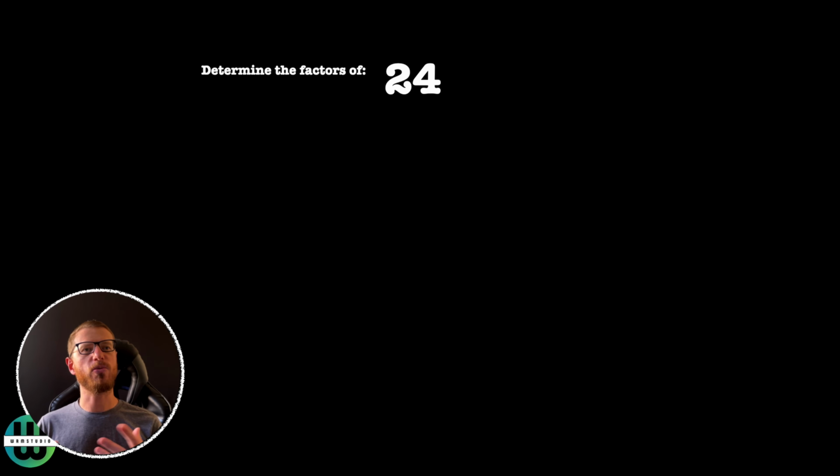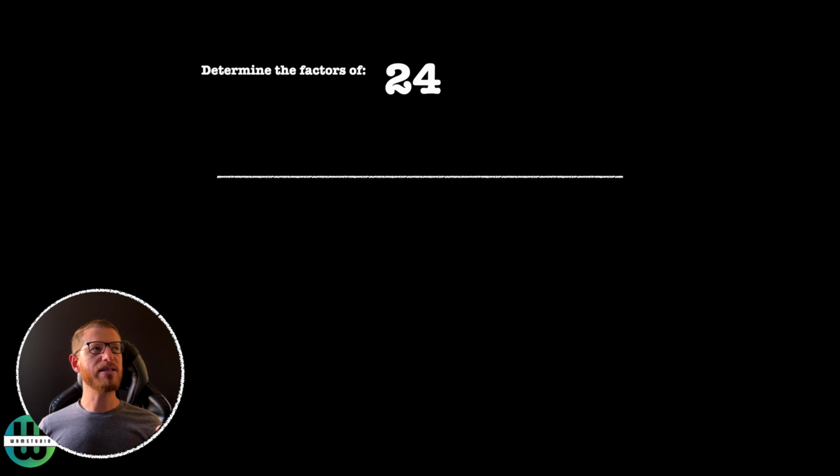I like to work with a number line. So I'm going to draw my number line, and then I'm going to say that my first factor pair for 24 would be 1 and 24, because 24 divided by 24 is 1, and 24 divided by 1 is 24. So that's going to be my starting point, my lowest factor and my highest factor of my number.